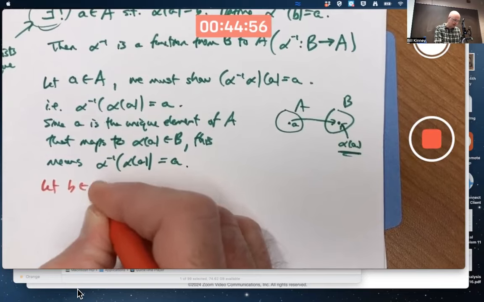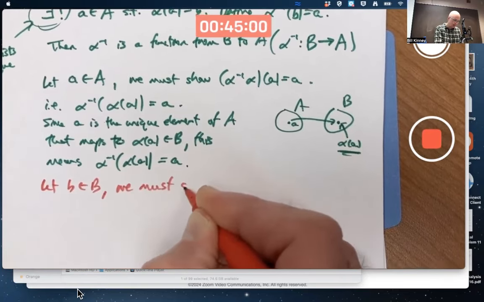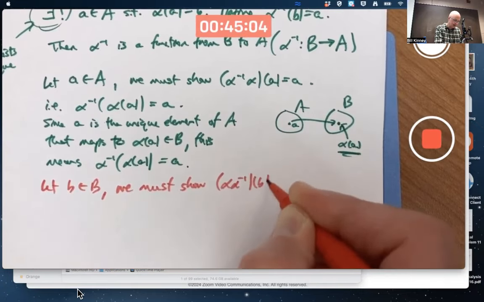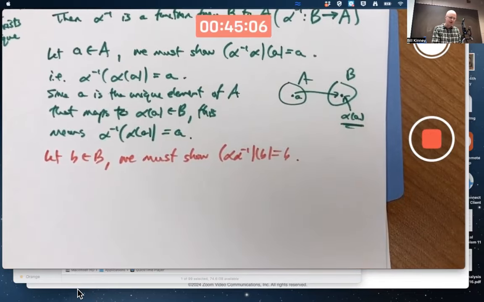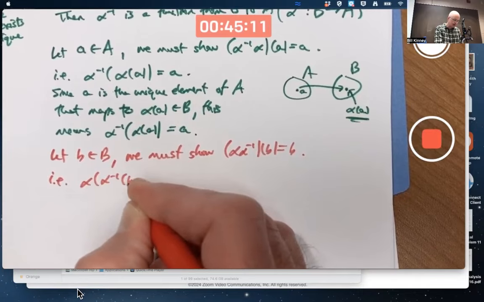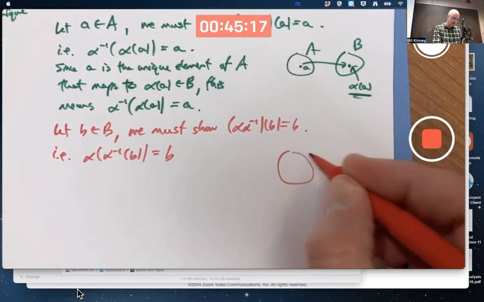Let b be an element of capital B. We must show alpha of alpha inverse of b equals b. Redraw a picture here.